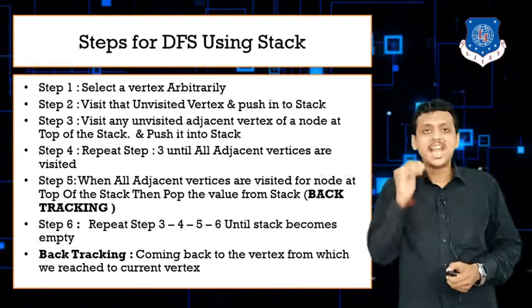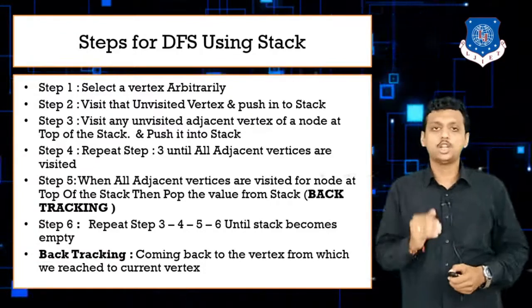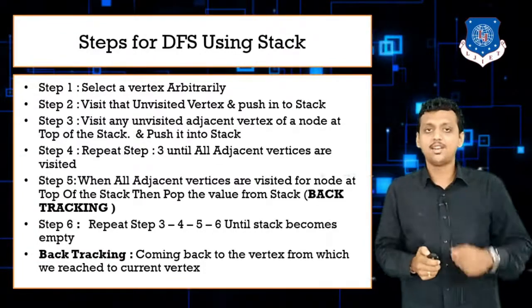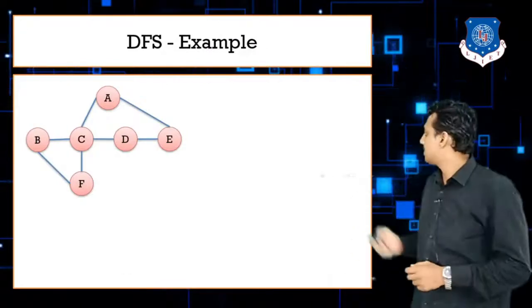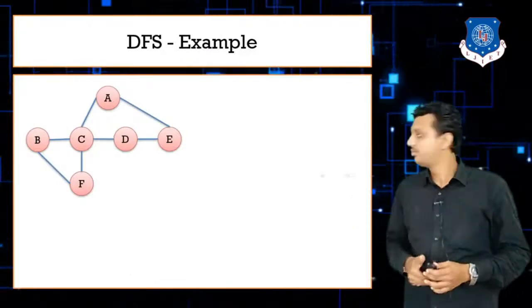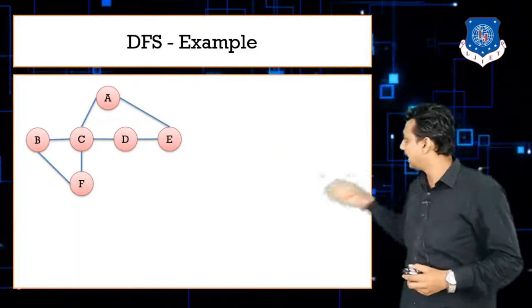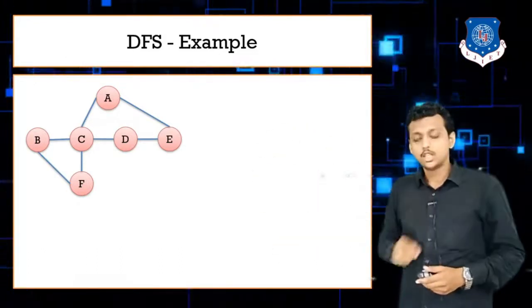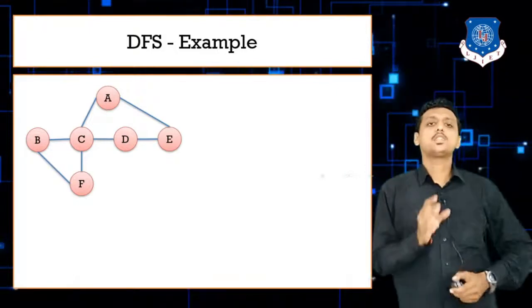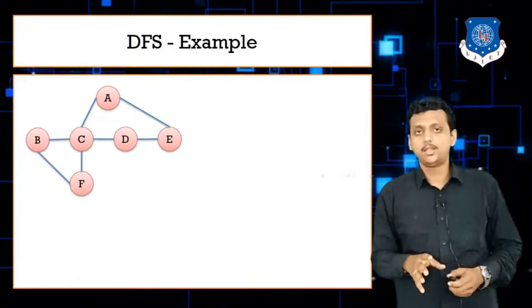Fine. So now let's apply this DFS algorithm on our real-time example graph. So here it is, the first example, the graph we have, students: A, C, B, D, E and F. What we need to do is, first we need to select a node arbitrarily.